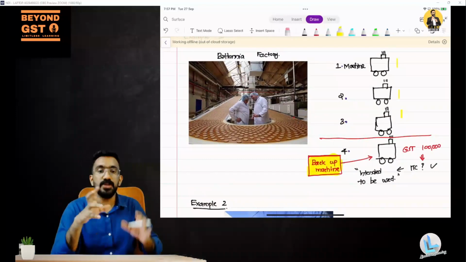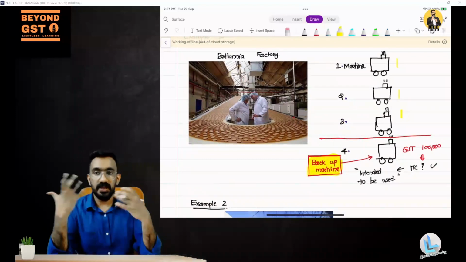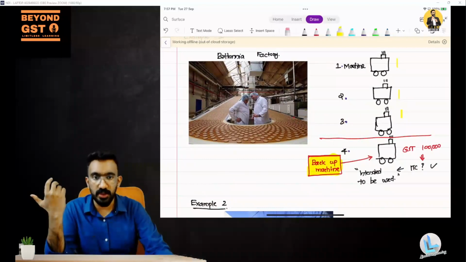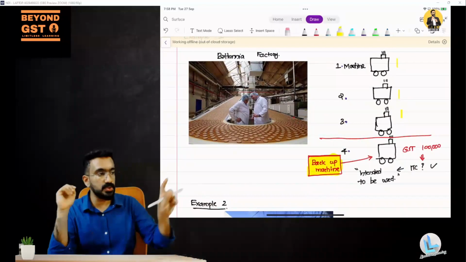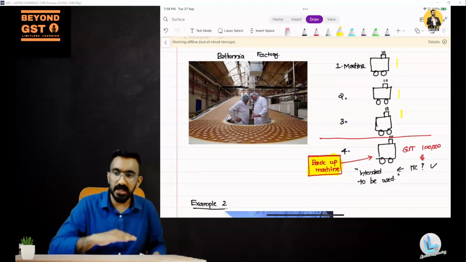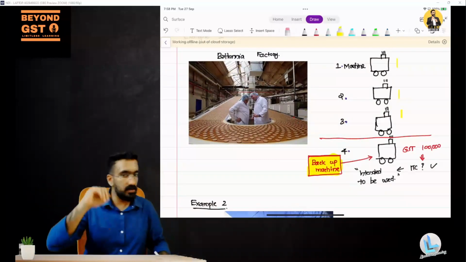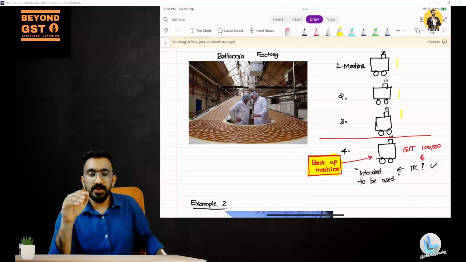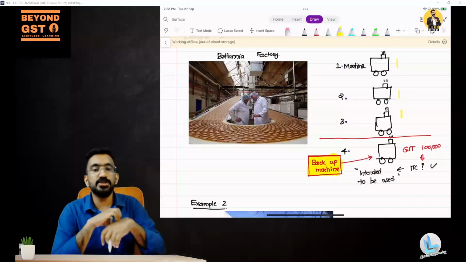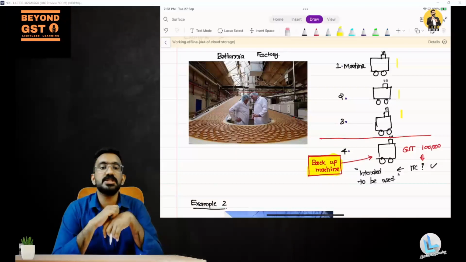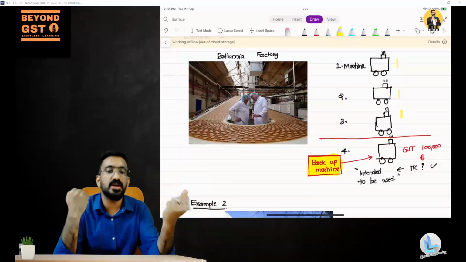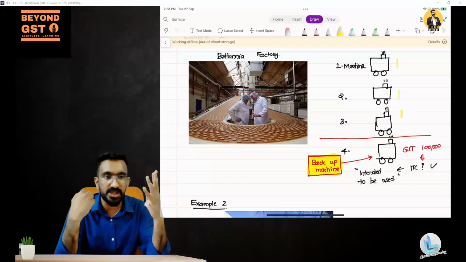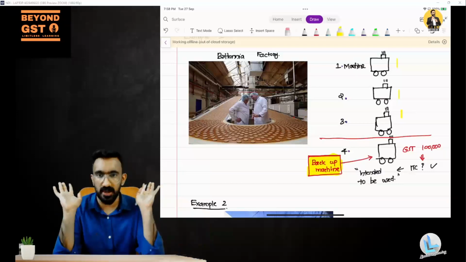Why are you keeping this backup machine? Because if any one of the 3 machines fails any day, I'm going to switch on the 4th machine. Right now, is this machine put to use? No. So the question is, when I purchased 4 machines, I paid GST of 1 lakh on the purchase of this 4th backup machine, which I've installed but not switched on.